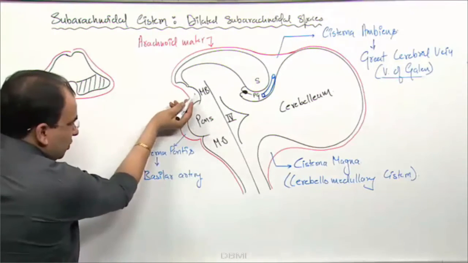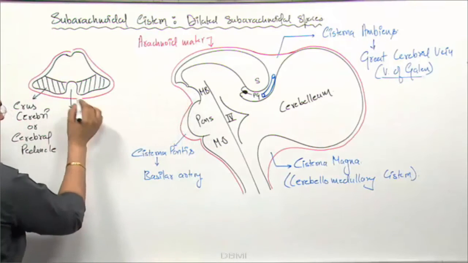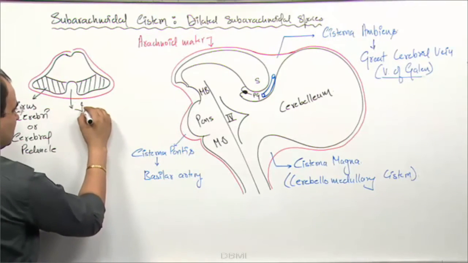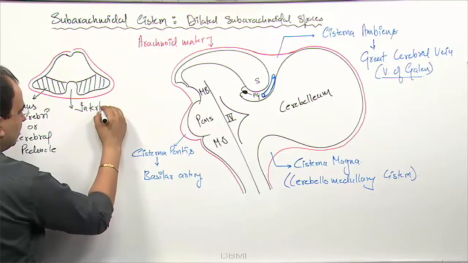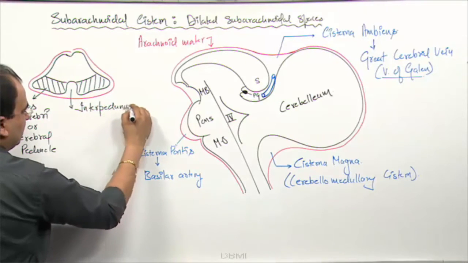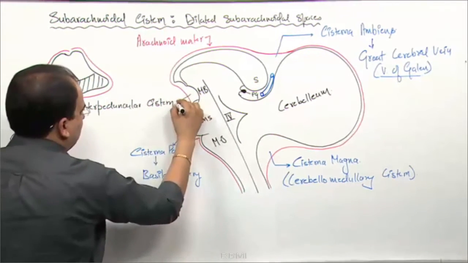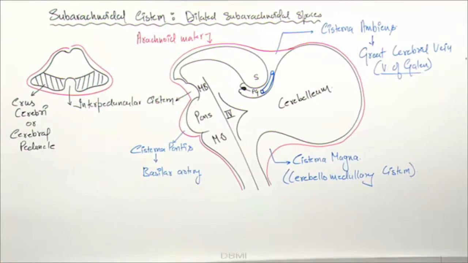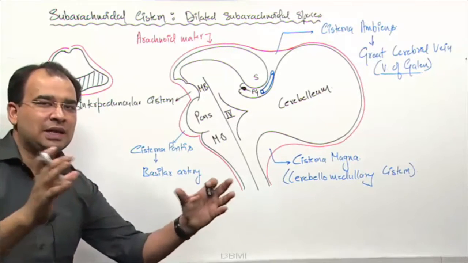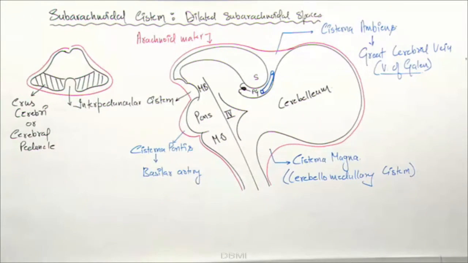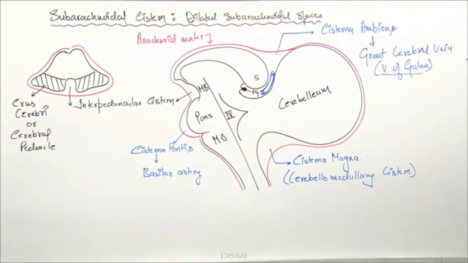So this is the cistern which is present in front of the midbrain, and that's why we call it interpeduncular cistern. This is called as interpeduncular cistern, in front of the midbrain between the two crus cerebri or cerebral peduncles.